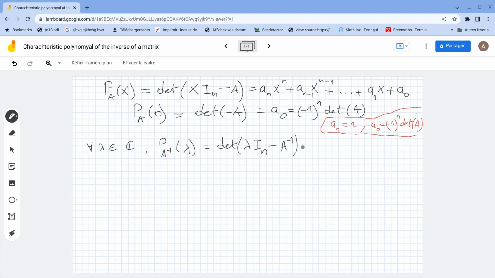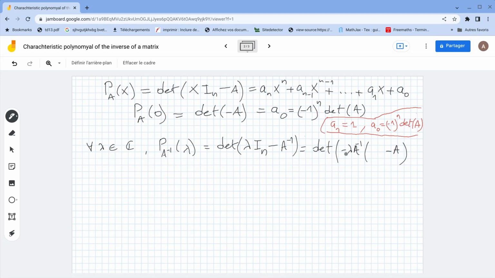Same definition. So I can factor by minus lambda A inverse. Here it gives minus A.